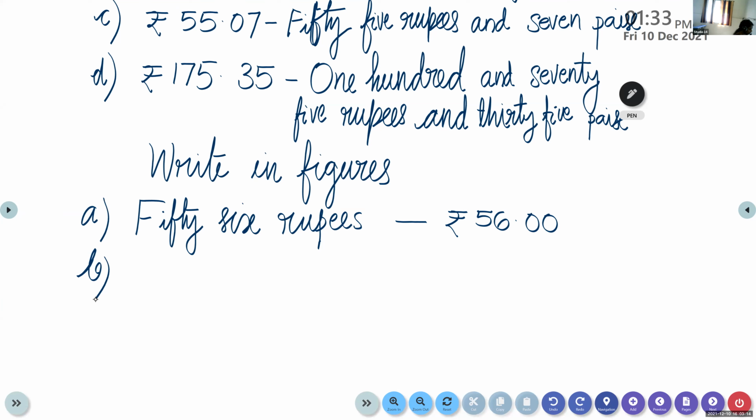Write in words: 95 rupees and 25 paise. Ma'am, I want to see the B question.